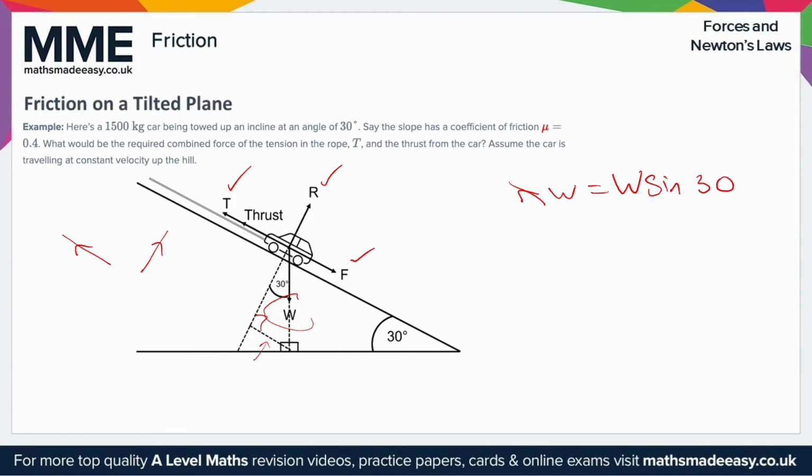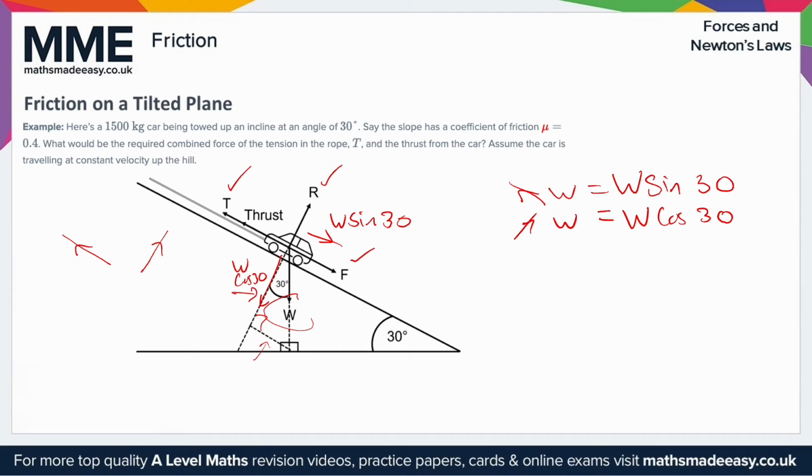Next, let's consider what component of it acts perpendicular to the plane. So the perpendicular component of W, well, that's going to be this side, which is the adjacent, so it's going to be W cos 30. Okay, so now we can add the two forces on. So this one's going to be W cos 30, and we have another force going parallel this way, that's W sine 30.